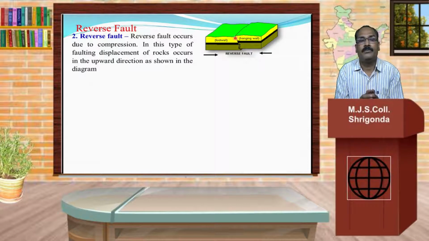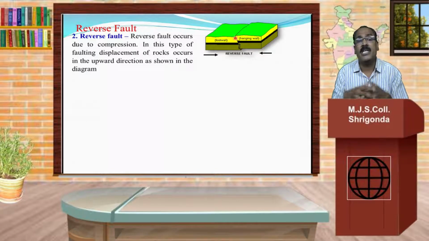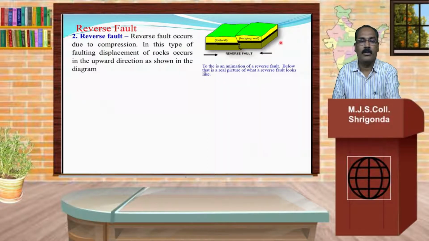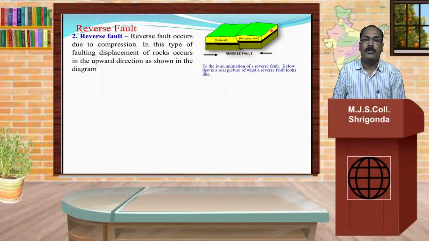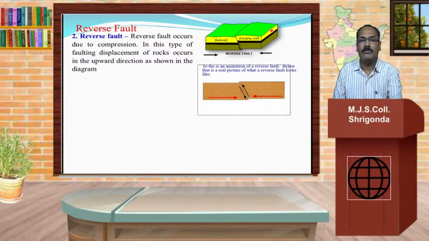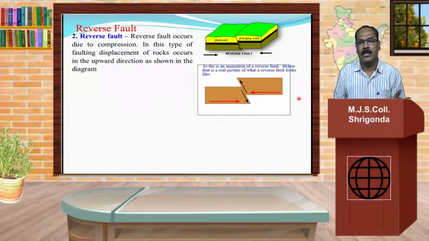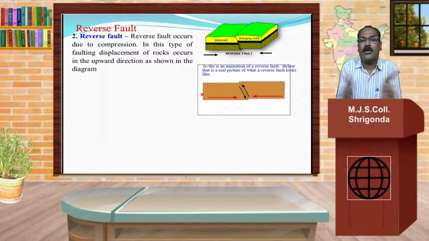In this type of faulting, displacement of rocks occurs in the upward direction, as shown in the diagram. Okay. Below is an animation of a reverse fault, along with real pictures of reverse faults. In the animation, this is the compression.